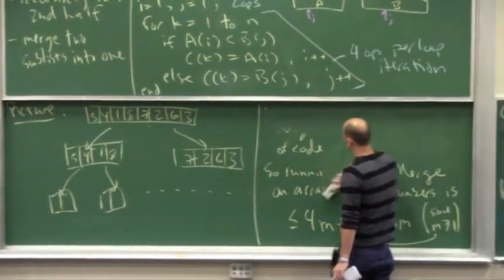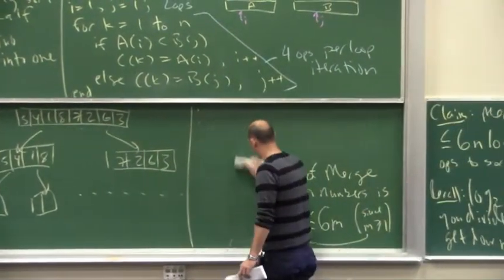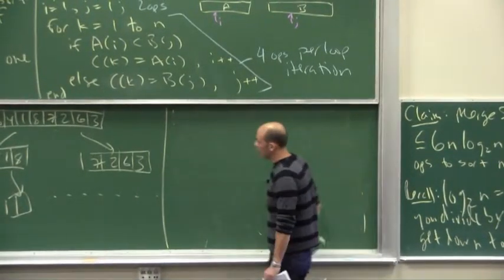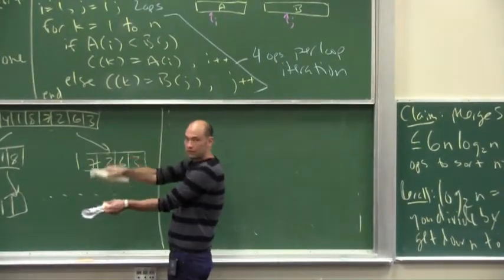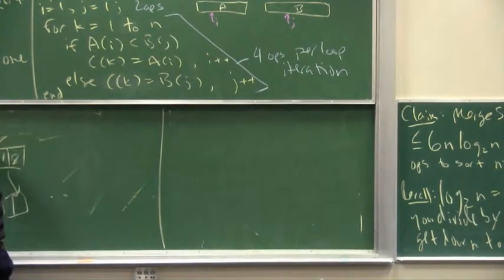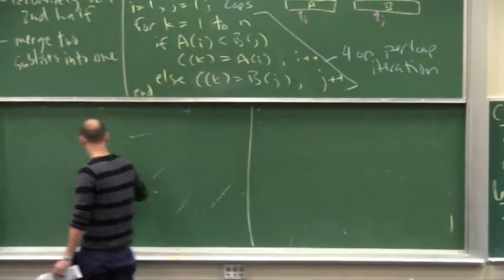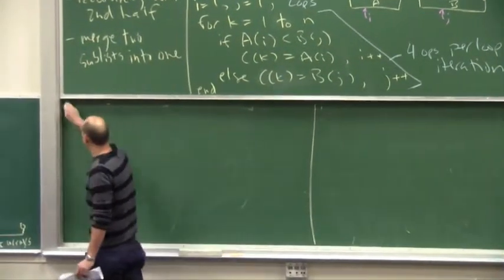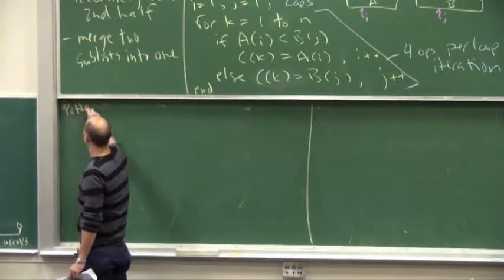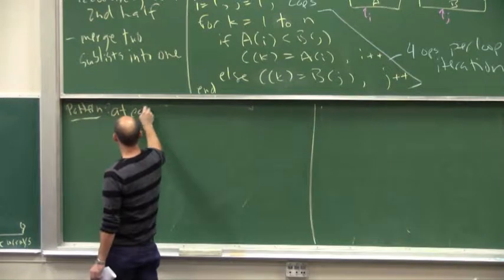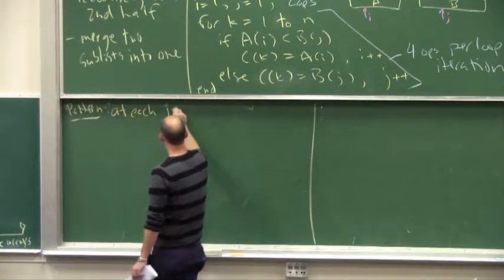So why is this helpful? Well, the key idea is to analyze the work done by merge sort level by level. Okay? So it turns out if we just think about slices of this tree, it's actually quite easy to see how much work we're doing. So what's the pattern? Okay? First level, j, right?